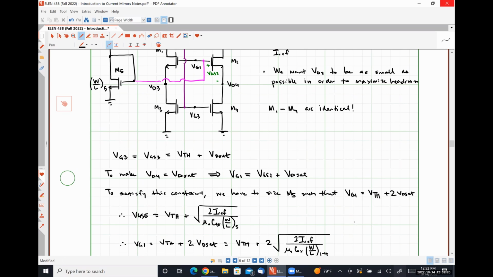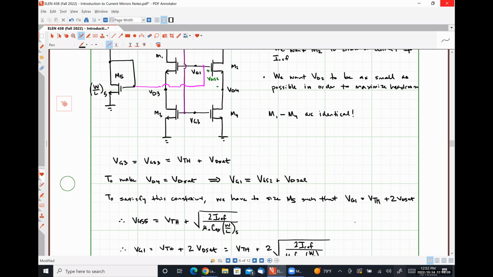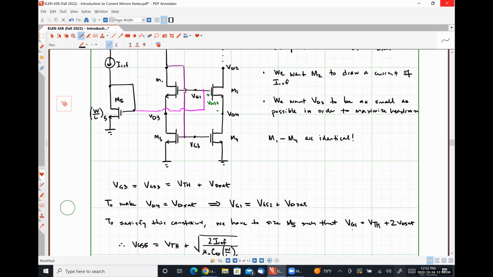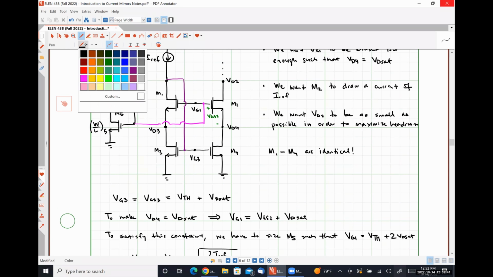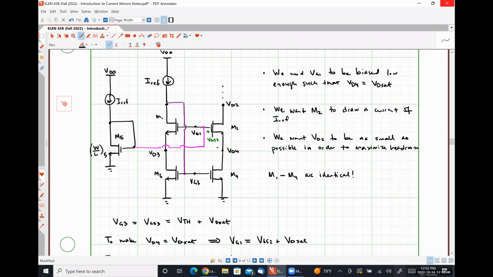So these are our constraints in order to make VD4 equal to VD sat. Okay. So if we look at our diagram here, VGS5 is the difference in potential between the gate of transistor M5 and ground.